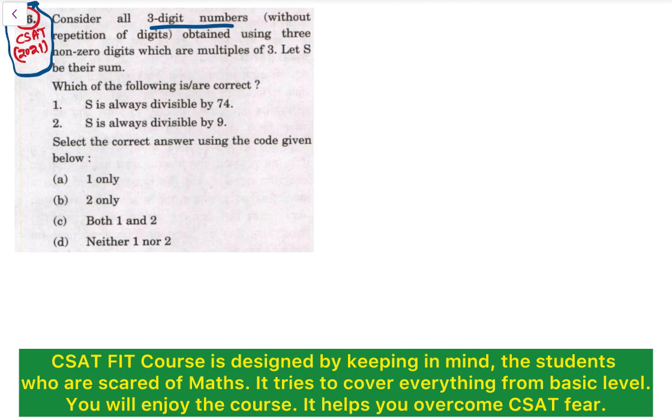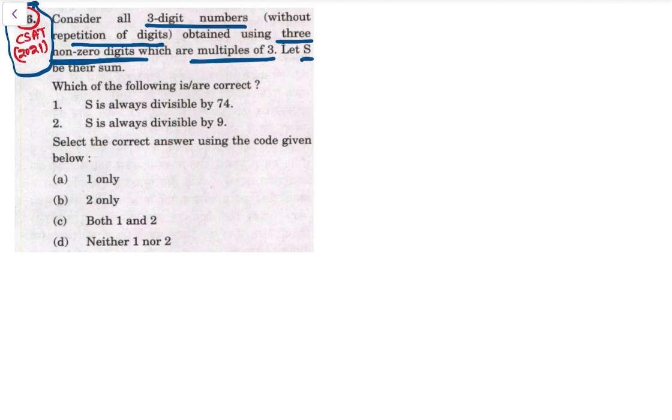That is, consider all 3-digit numbers without repetition of digits obtained using 3 non-zero digits which are multiples of 3. Let S be their sum. ठीक है. Consider all 3-digit numbers without repetition of digits obtained by using 3 non-zero digits.